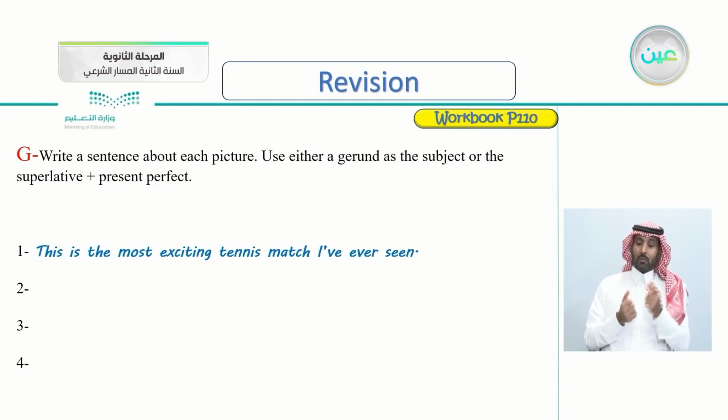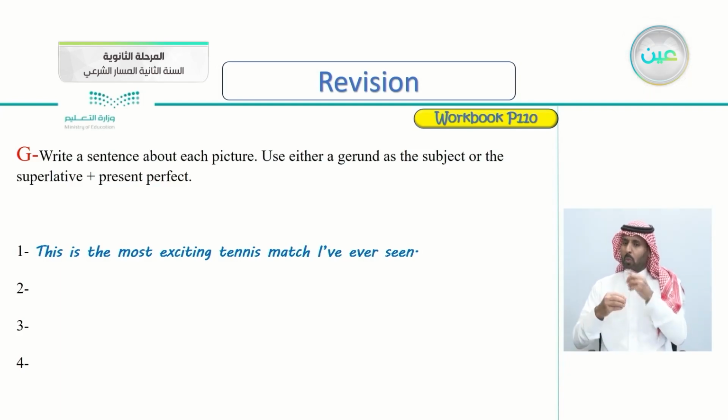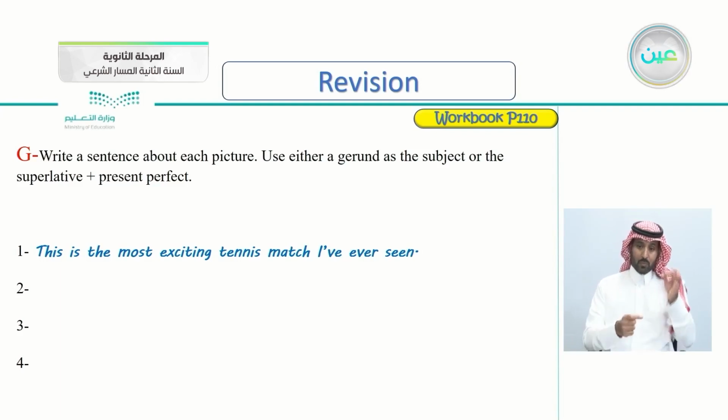You can see some people watching a tennis match there. This is the superlative plus the present perfect. This is the most exciting, the superlative here, tennis match I've ever seen. So I've ever seen is the present perfect.